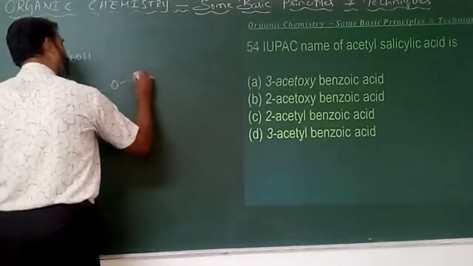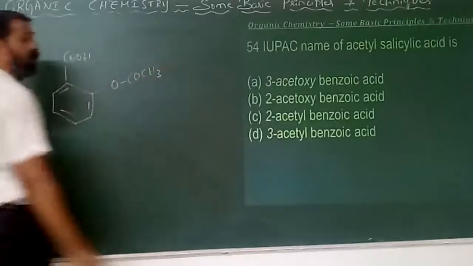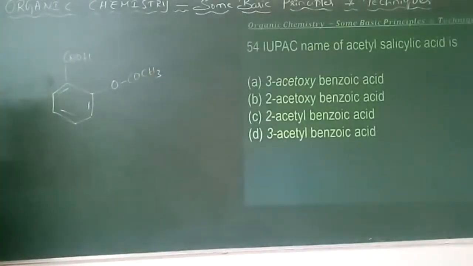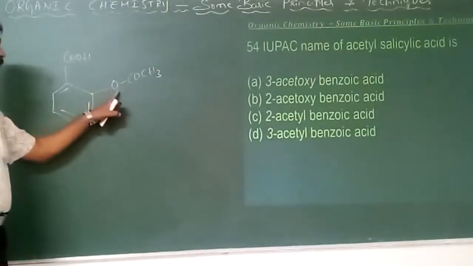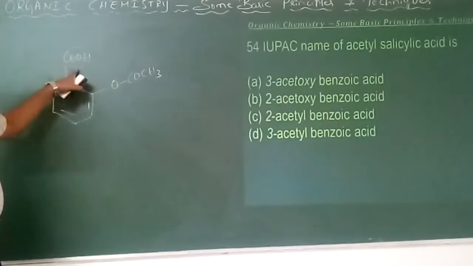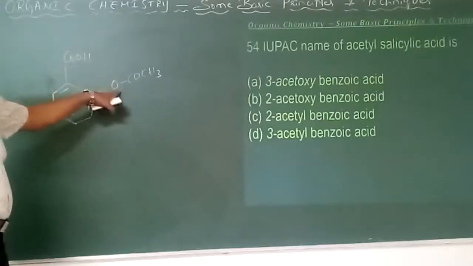The H has been replaced by an acetyl group, therefore it is called acetyl salicylic acid. Here, this is the ester, and this is the carboxylic acid. This is the major functional group, and this is found to be the substituent.